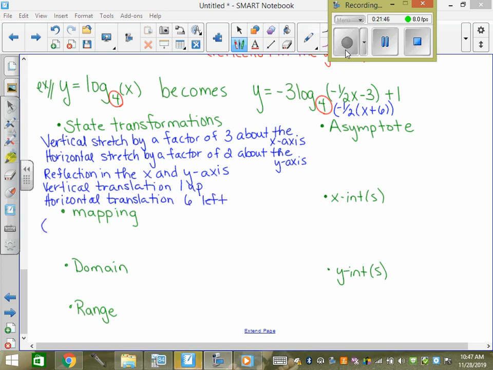And the mapping for x, y becomes, you have to have that part of the mapping, right? So the point becomes x is multiplied by negative 2, and then I subtract 6. And my y is multiplied by negative 3, and I add 1. Because words and mapping are the same, right?